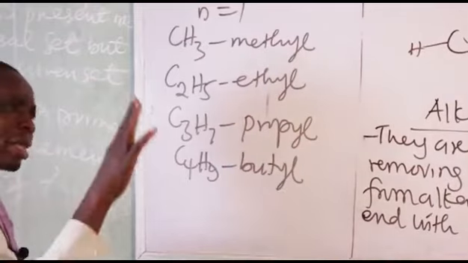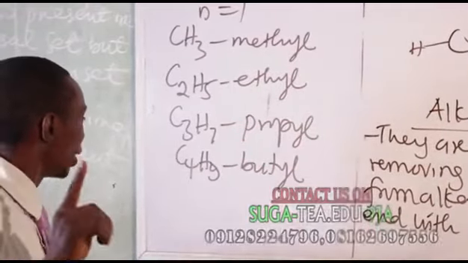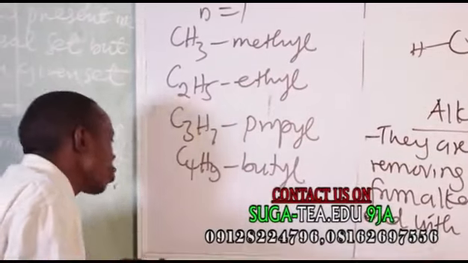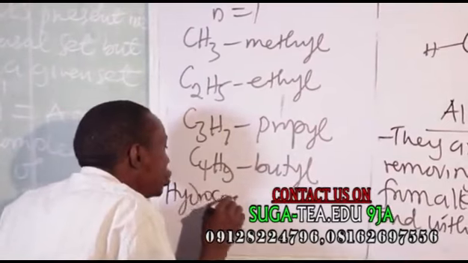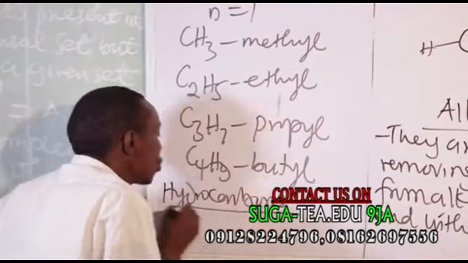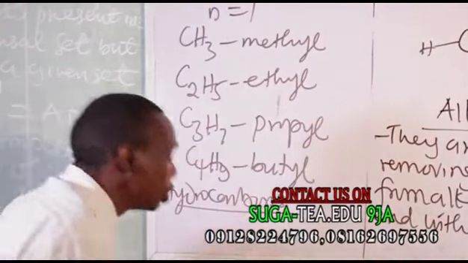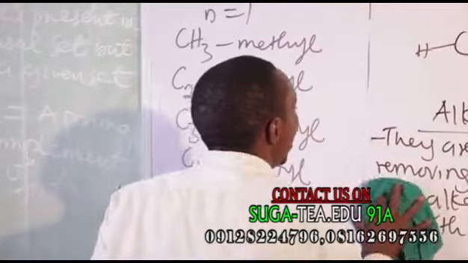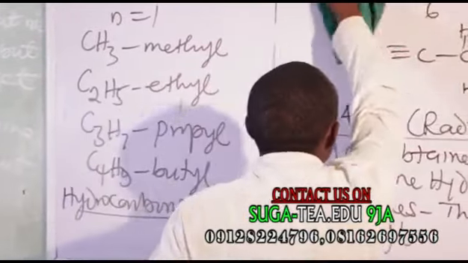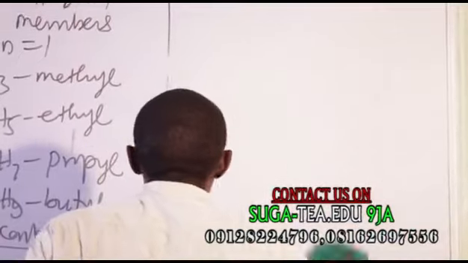Now, you have seen the hydrocarbons. Don't forget, I told you the meaning of hydrocarbon in one of my lectures. Hydrocarbons are the chemistry of carbon and hydrogen only. So remember that the hydrocarbons include the alkanes, alkenes and alkynes. If they ask you, what are hydrocarbons?